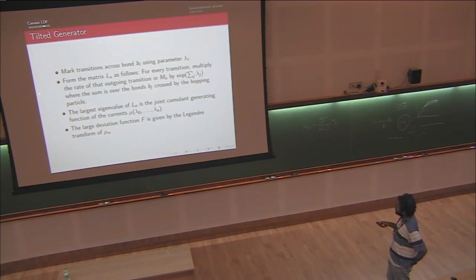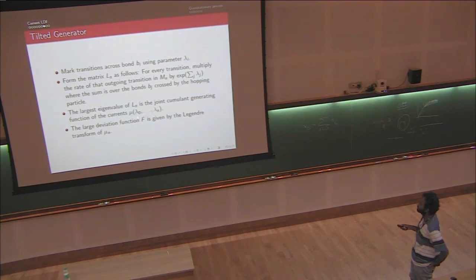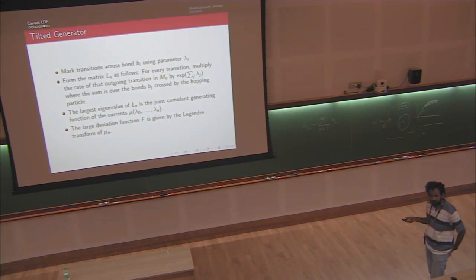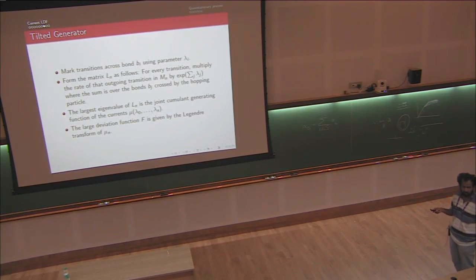And since I have jumps which span multiple bonds, I have to take the product over these. Then again a theorem: the largest eigenvalue of this tilted generator is the joint cumulant generating function of the currents, and the large deviation function is nothing but the Legendre transform. Okay, so this is just some mathematical nonsense.